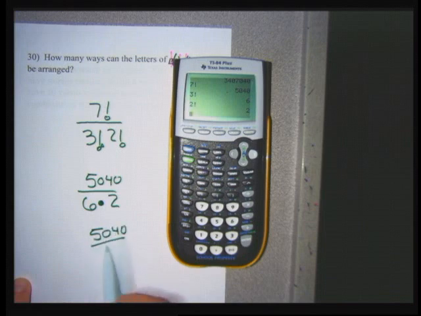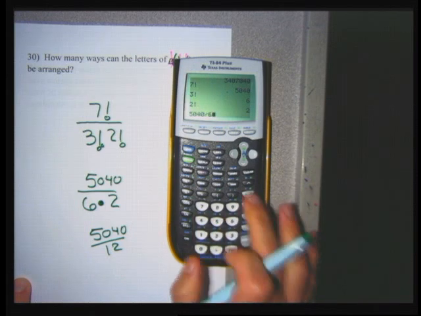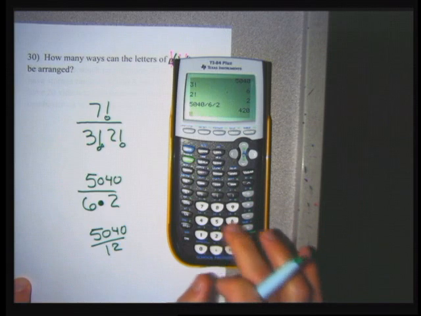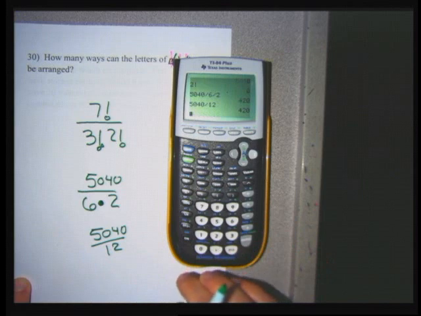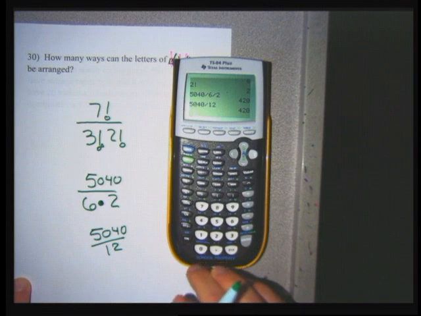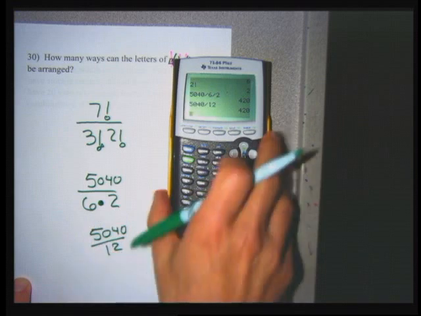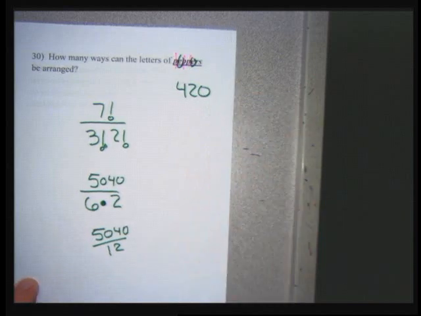I'm going to go 5,040 divided by 12. I think I probably could just go 5,040 divided by 6 divided by 2. It'd probably give me the right answer, but I'm going to make sure that that actually works. It does. So I could have just divided. Regardless of if I cleaned up the denominator or not, you get 420 different ways to arrange the letters of the word peppers.